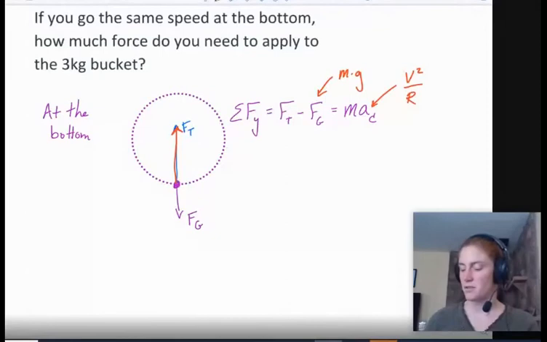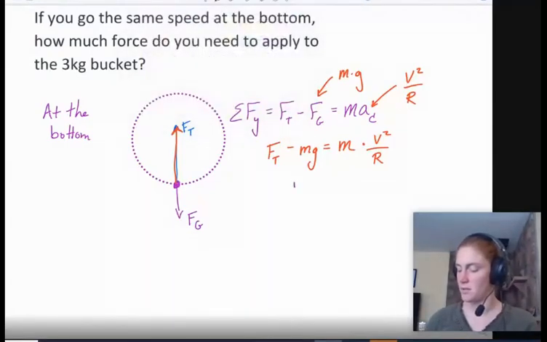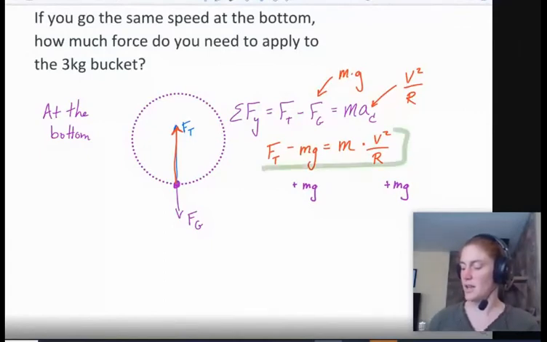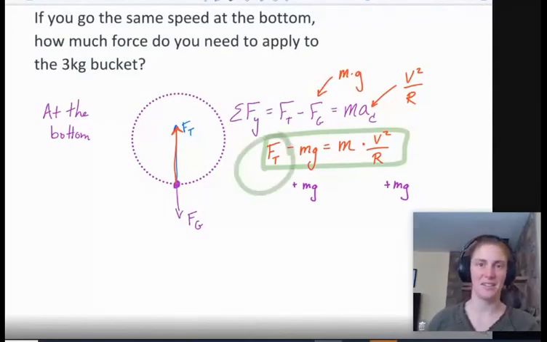So now I'm going to solve for tension. So my tension minus mg is equal to my mass times v squared over r. And because I am solving for tension, I can go ahead and move my mg to both sides. And I want to warn you that the most common mistake here is that students will get to this point and divide everything by m, because they forget that this FT does not have an m attached to it.